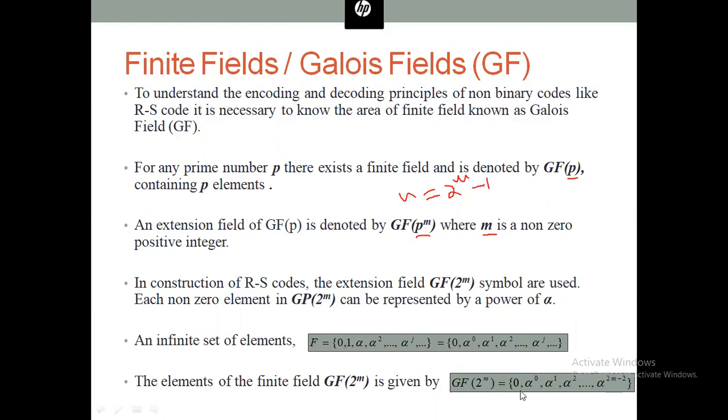Here the two members are: one is the zero value, and one is alpha naught, which is 1. And the other is alpha 2^m minus 2.